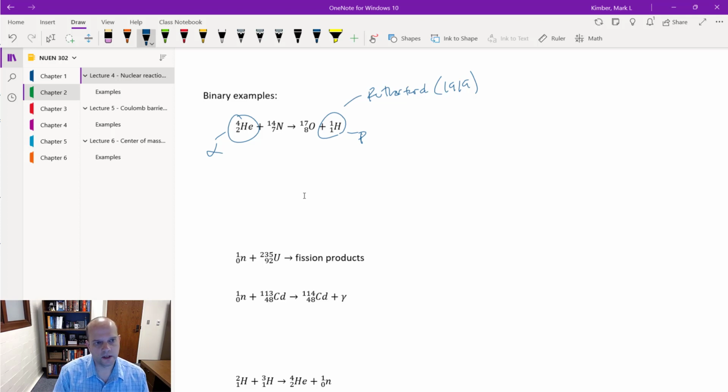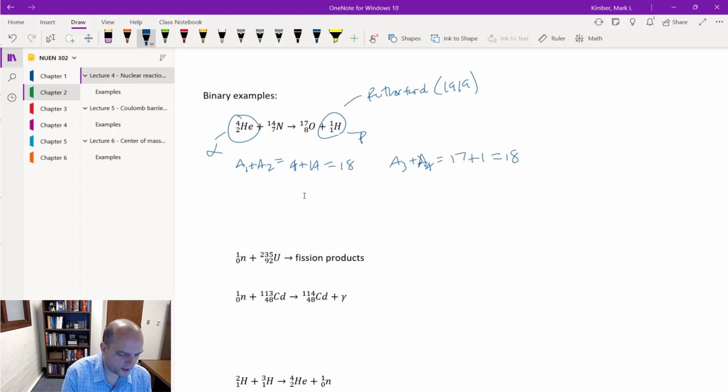So I want to look at the number of nucleons and the number of protons. A1 plus A2 equals 4 plus 14 equals 18. That's on my reactant side. The nucleons on my product side, A3 plus A4, are 17 plus 1, also 18. We're fine there.